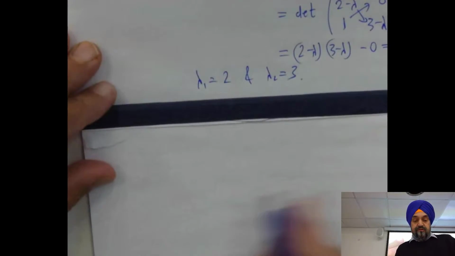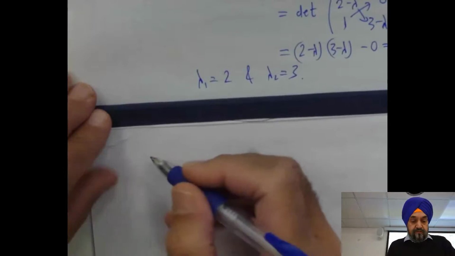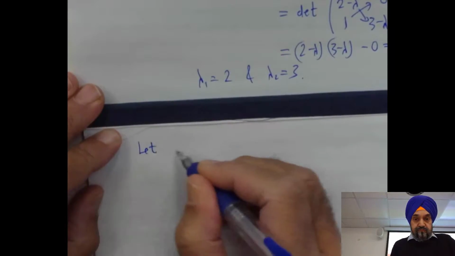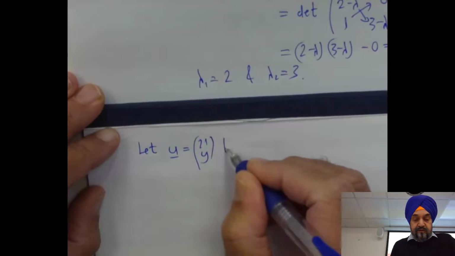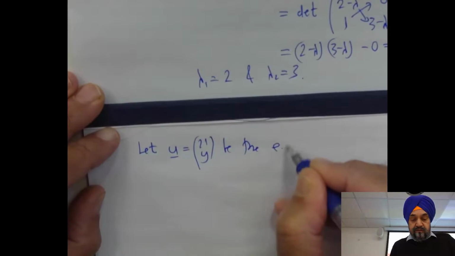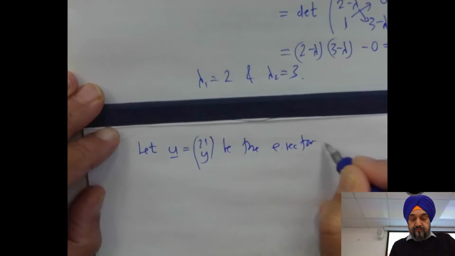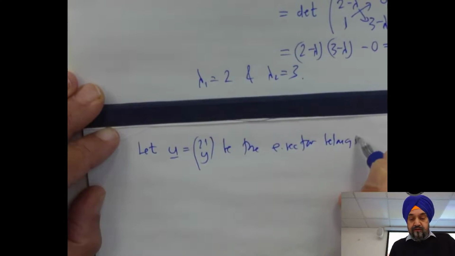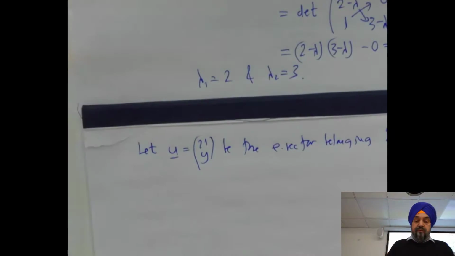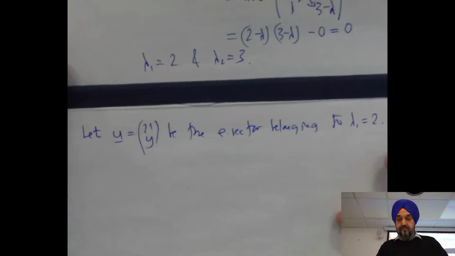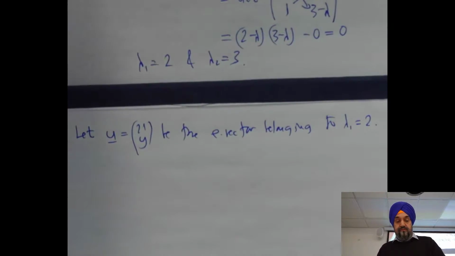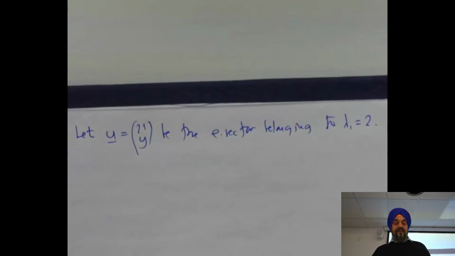Let U equal x, y be the eigenvector belonging to lambda 1 is equal to 2. Let's call that one U, and we'll call the other one V. All right, how do we find the eigenvector then?